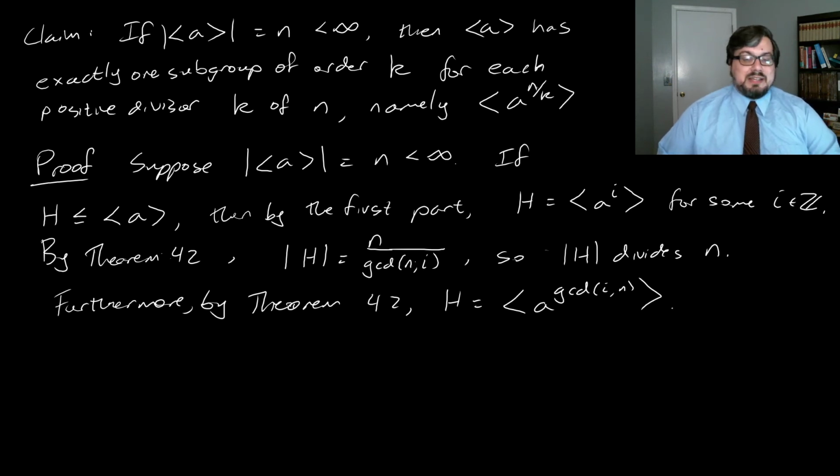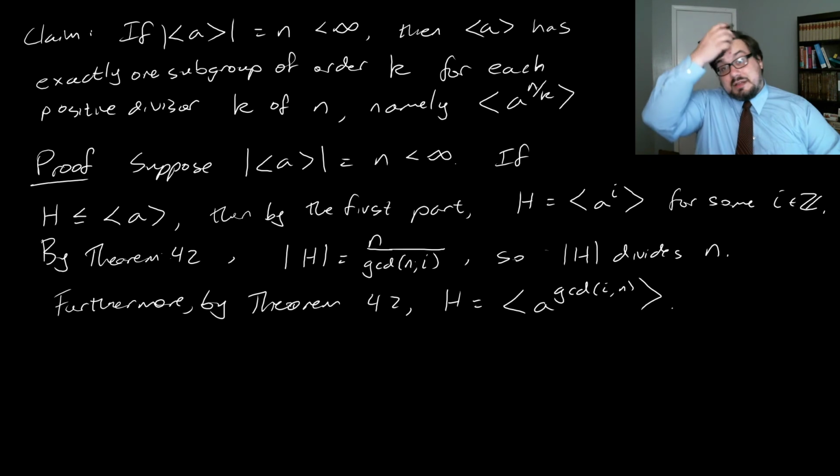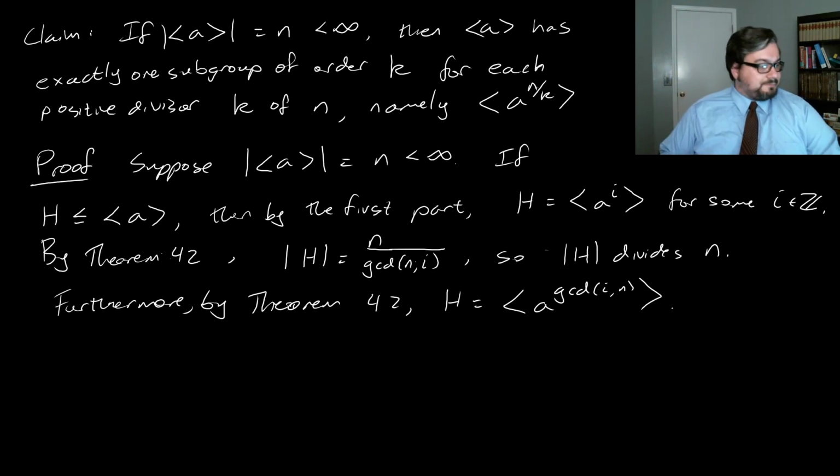So in particular, this means that every subgroup of A is equal to A to some divisor of n. And so these are the only subgroups of A that exist.